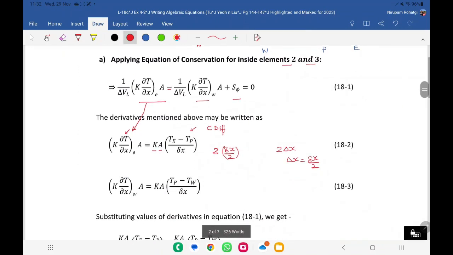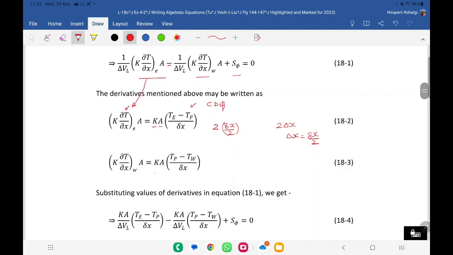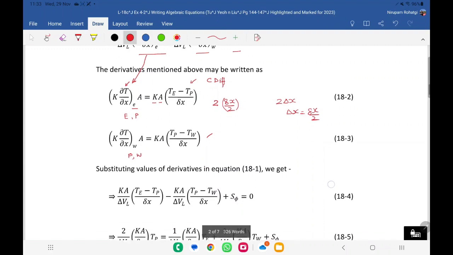So this becomes your derivative. Similarly, on the west side, you are again taking the central difference, Tp minus Tw. Remember, this E point is between E and P, and this W point is between P and W. Okay, so you write it.